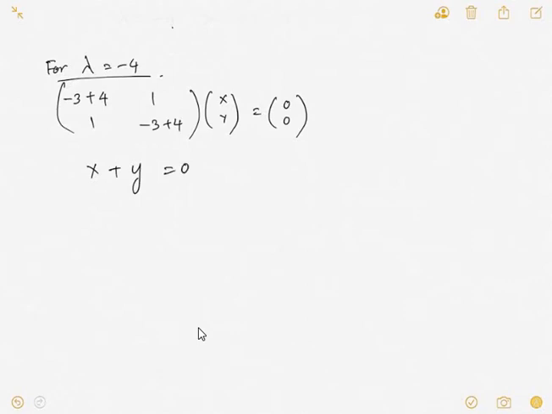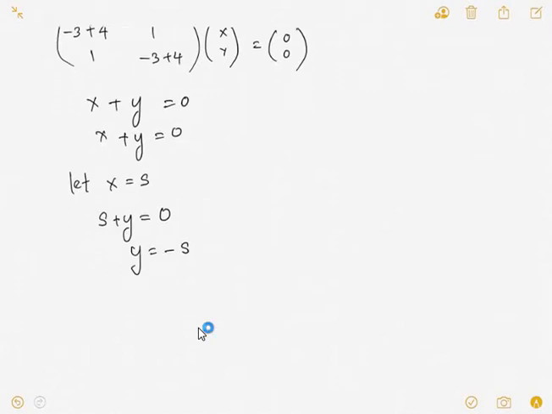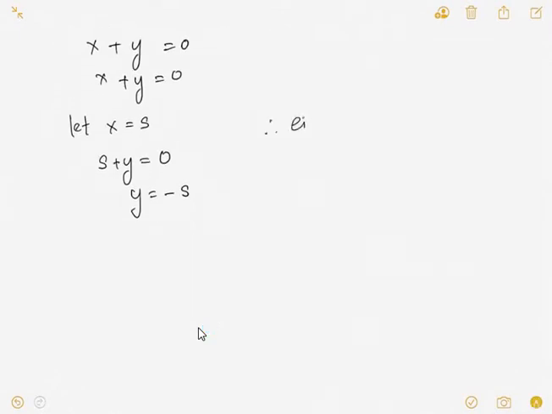Similarly for the lower part, x plus y equals 0. Then you assume x is equal to s. Now s plus y equals 0, so y equals negative s. So your eigenvector, x and y, is 1 and negative 1 times s. Class, do you understand?